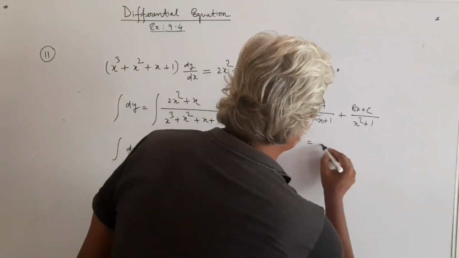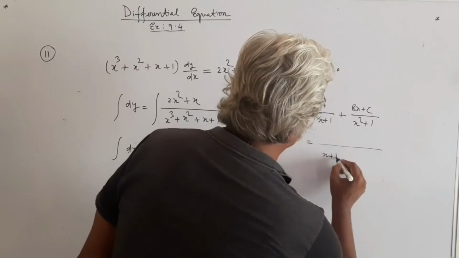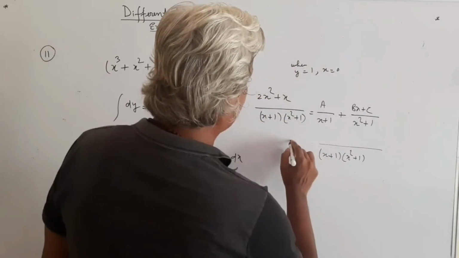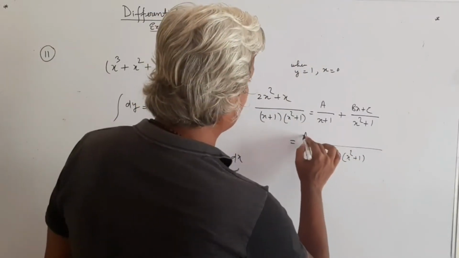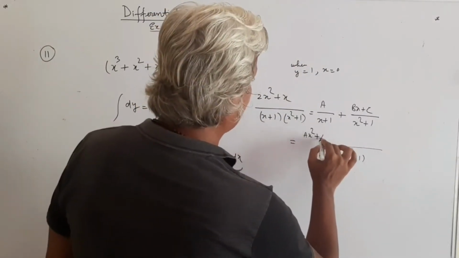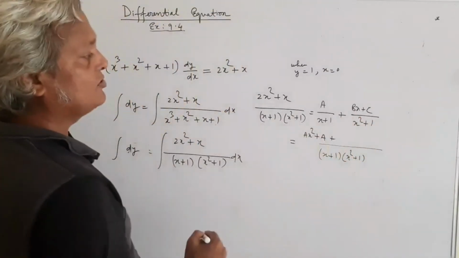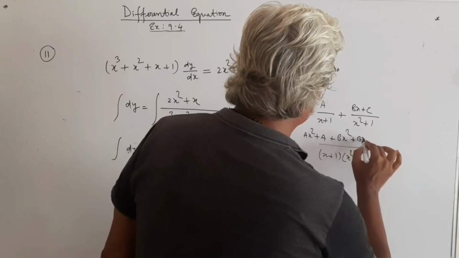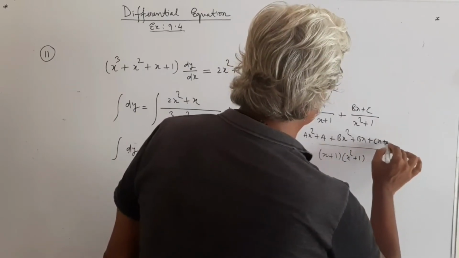So I take the LCM, and I get A x square plus A, and if I multiply these two, I'll get Bx square plus Bx plus Cx plus C.